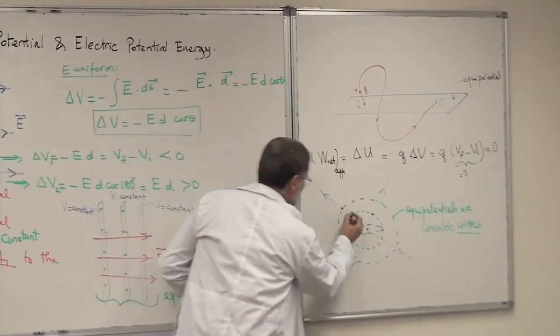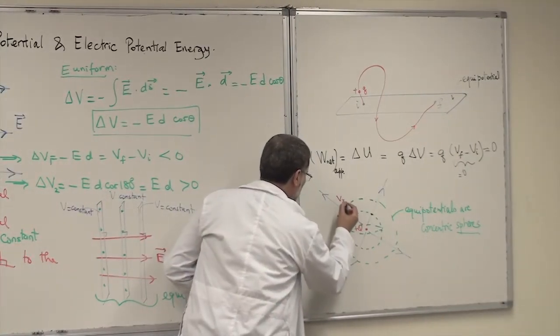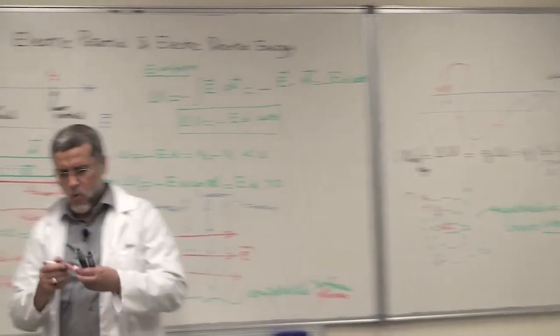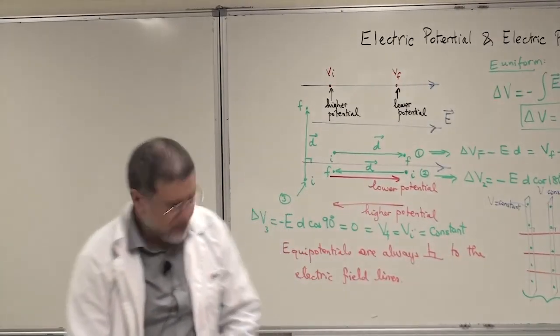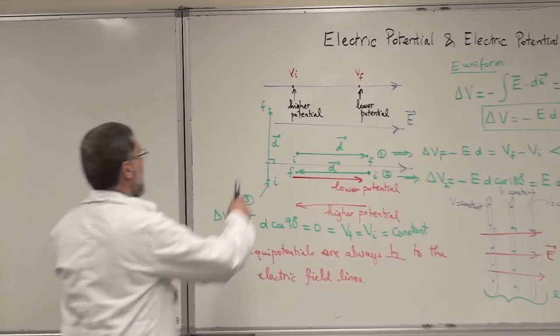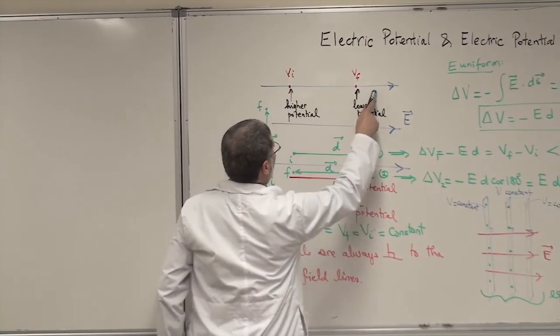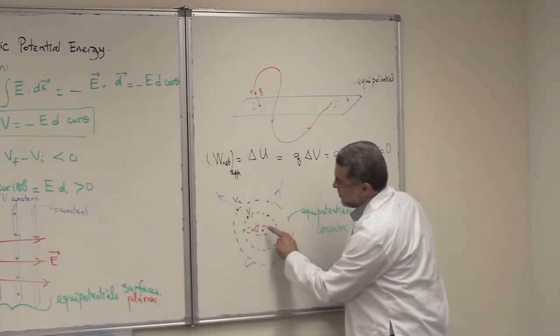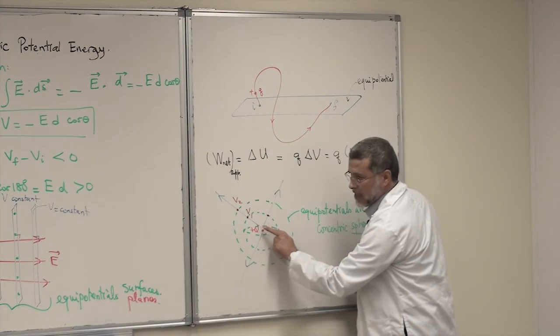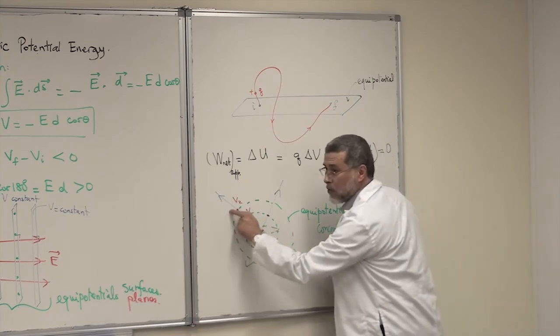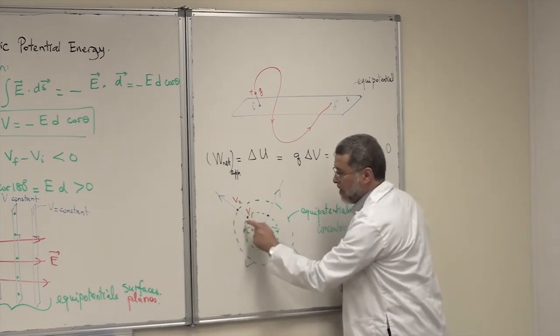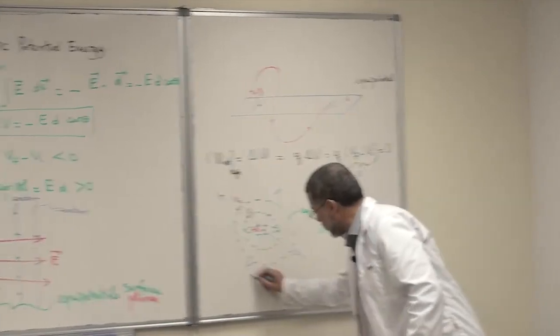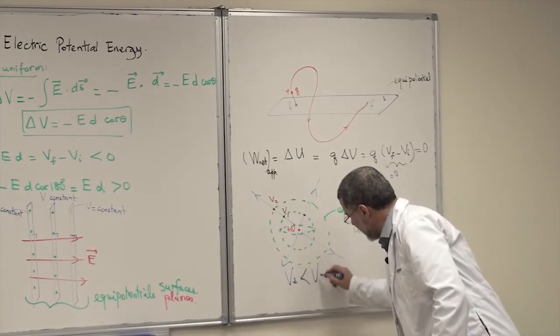But the potential here, if I call this one V1 and this one V2, let me ask you, my son, which one is higher? We said as we move with the electric field, we go to lower potentials. As I move with the electric field, I go from V1 to V2. So I expect V2 to be lower than V1. Yes, V2 will be less than V1.